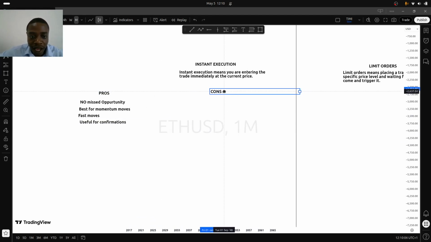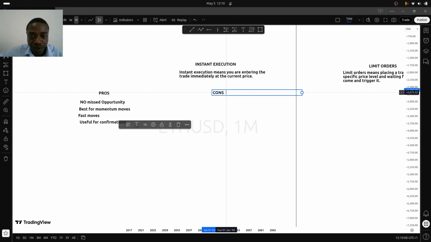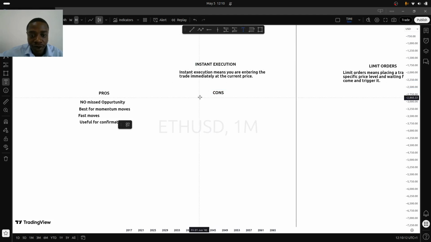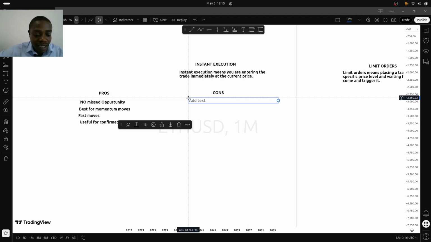So the cons of instant execution, let's actually go into the cons. This is where I would draw most of the time, because this is where it is actually practical. One of the cons is that it requires constant chart watching.